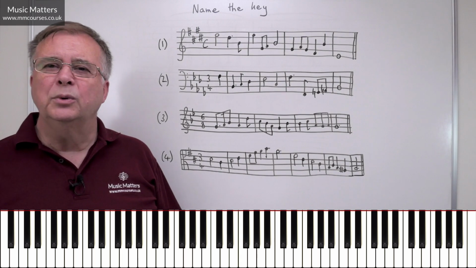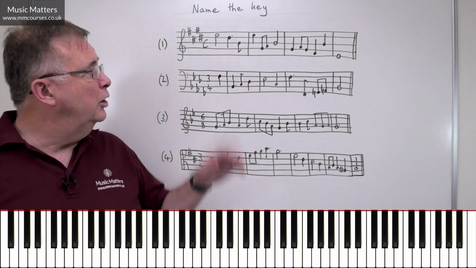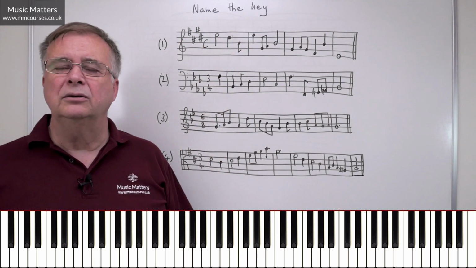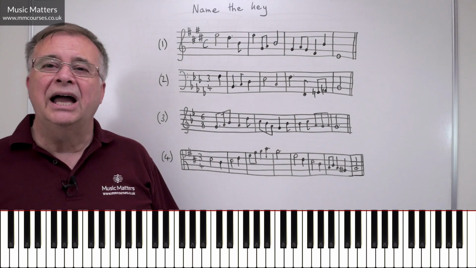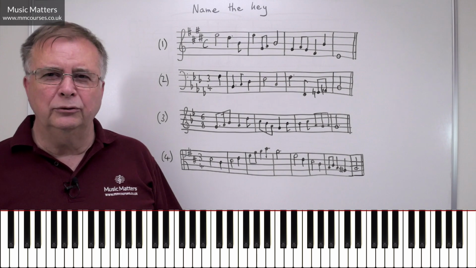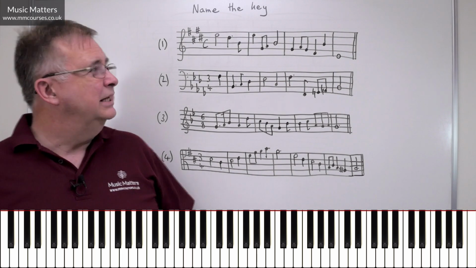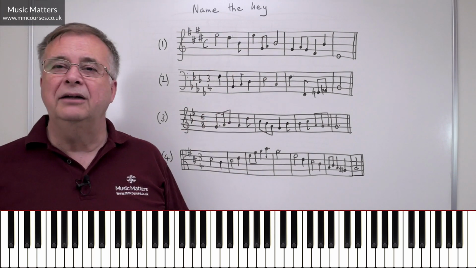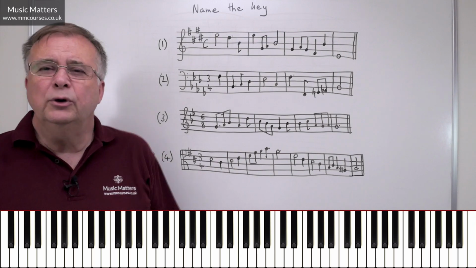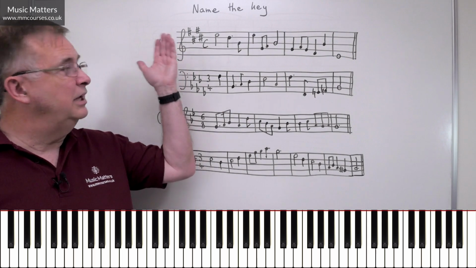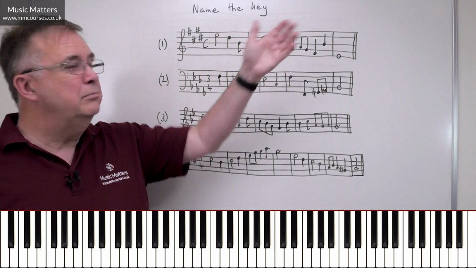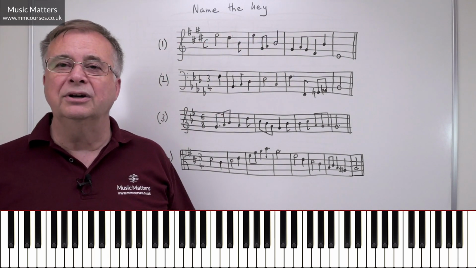So sometimes when you see accidentals beyond the key signature, it's a bit of a clue that maybe you're in a minor key. But I say that, it comes with a health warning. So let me explain the health warning. It's possible that accidentals will appear for other reasons. For example, what happens if the tune starts in the key of E major, and then it modulates, it moves to a different key?